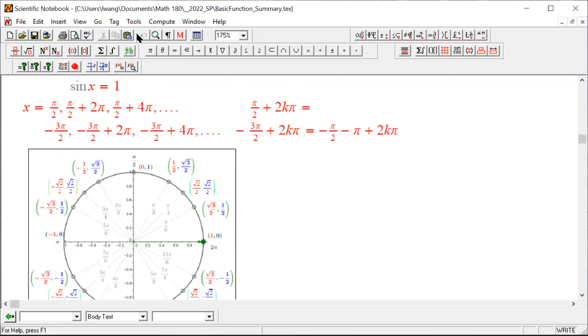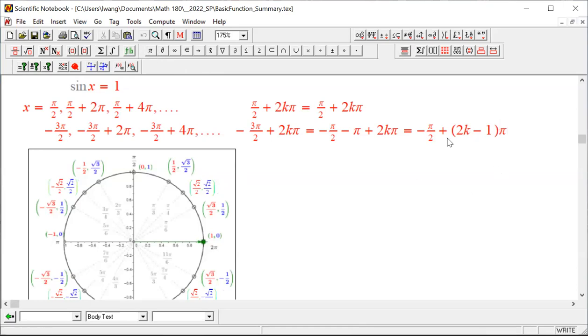This is just a bunch of algebraic manipulation. And over here, we have a negative pi over 2 plus, if we combine these two, we have 2k minus 1 times pi.